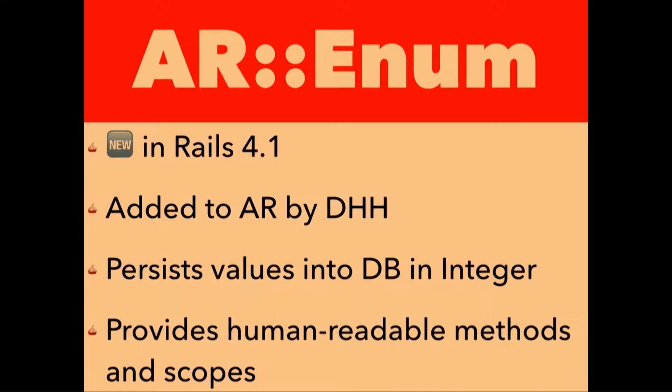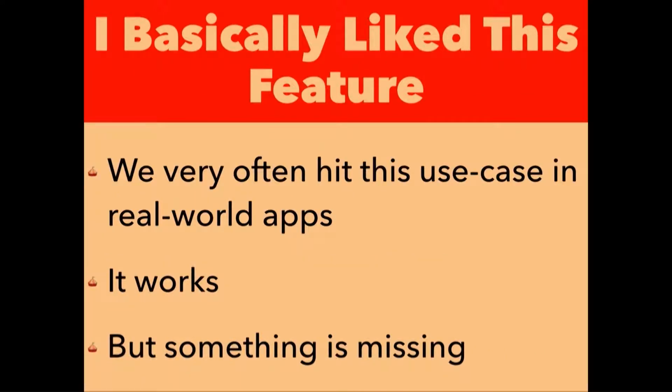It's a DSL for models for doing this. Well, I basically like this feature from DHH. We actually very often hit this use case in real-world applications. And this just works. So I like it.